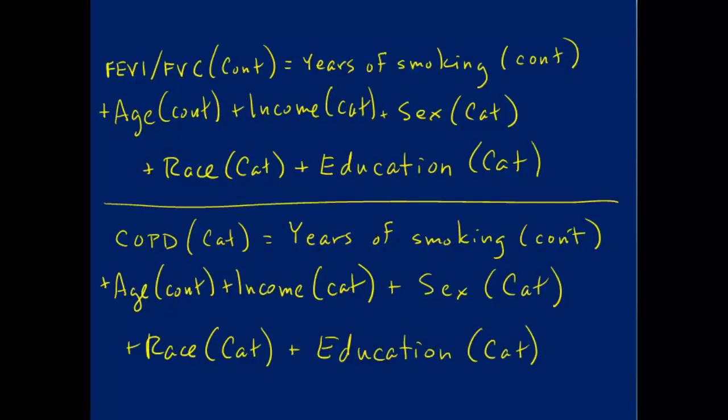Here is a shorthand version of my two models that I wrote before. My linear regression model has the FEV1 to FVC ratio, which is a continuous variable. Years of smoking and age are continuous variables, and I have income, sex, race, and education as categorical variables. My COPD logistic regression model is the same, but it has the categorical COPD variable as the outcome.